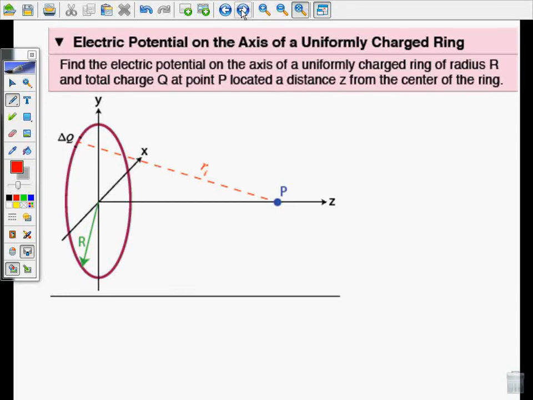The total charge of the whole ring is Q, and the charge is uniformly spread throughout the whole ring. We want to find the total electric potential at that point P.